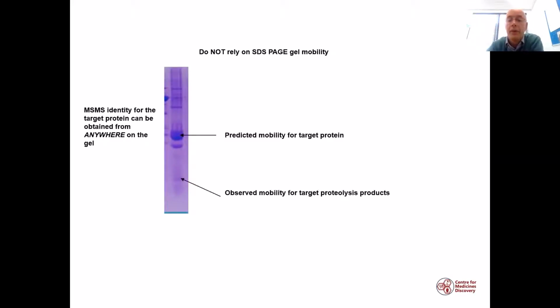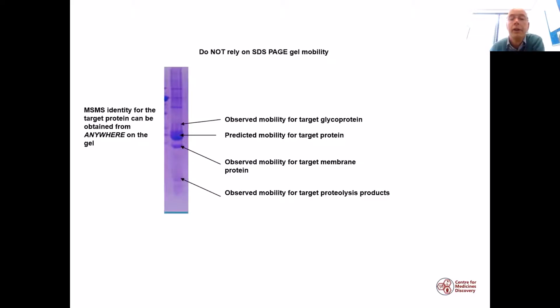However, if you have proteolysis, which is very common, you will see proteolysis products of the same protein at a lower molecular weight on the gel. If it's a membrane protein, all membrane proteins run faster than predicted on SDS-PAGE. So you'll see it will be lower than you predict on the gel. If it's a glycoprotein, the opposite thing will happen. Your glycoprotein will run more slowly on the gel, so it'll have an apparently higher molecular weight.